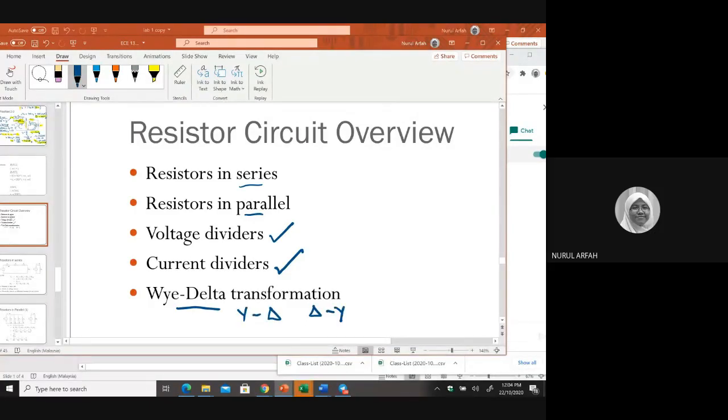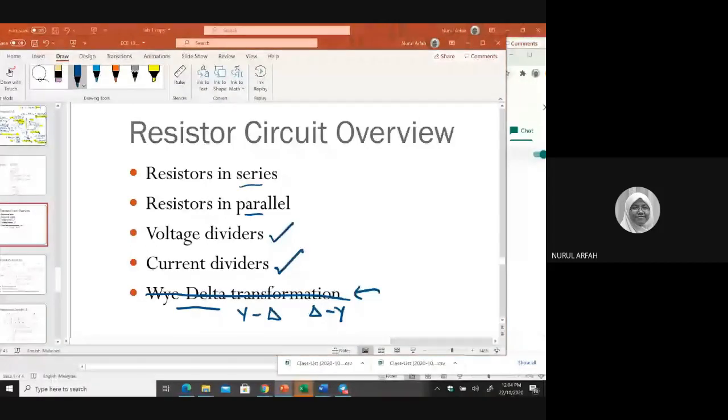But because we have only 12 weeks, they want to exclude this one. But to me, you're going to face this in your lab 1. Later, after you finish the electric circuit class, you're going to take the lab for electric circuit and electronics.